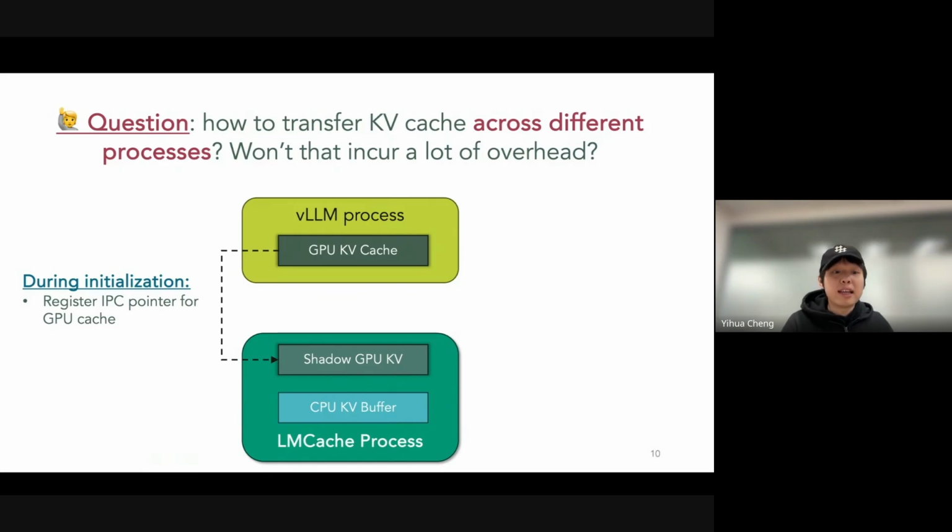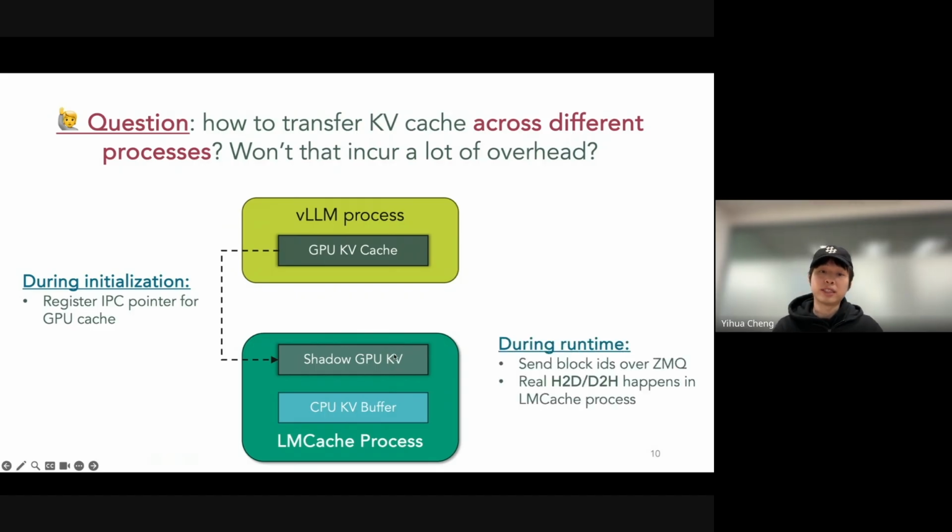During initialization, the vLLM process registers the IPC pointer for the GPU cache inside the LMCache process. Inside the LMCache process, after we see this registration, we build up a shadow GPU KV cache, which enables LMCache to read from or write to vLLM's GPU memory space directly.